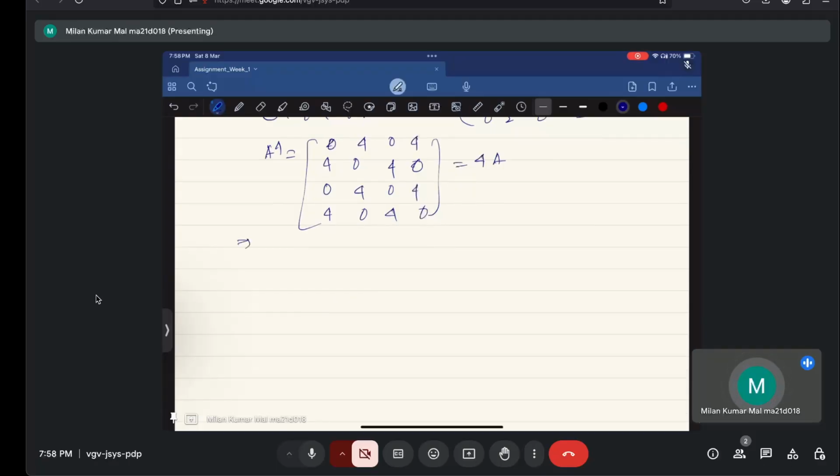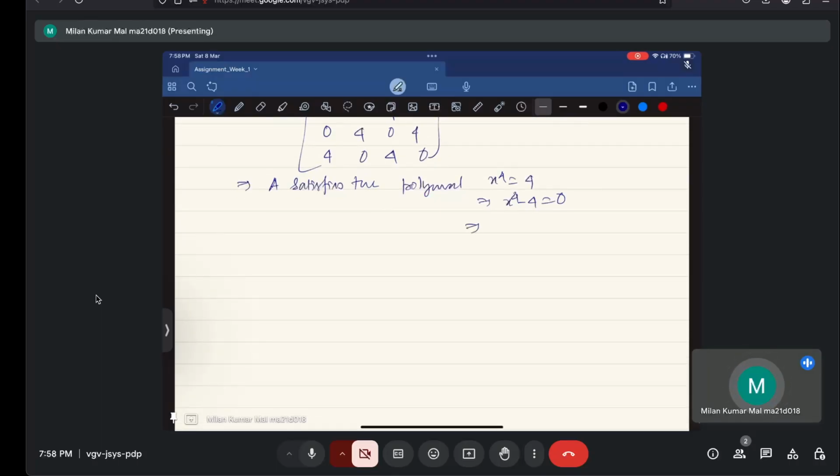Therefore A satisfies the polynomial x to the power 4 equals 4. Therefore, x to the power 4 minus 4 equals 0. Now one can write it as x minus root 2, x plus root 2, and x squared plus 2 equals 0.